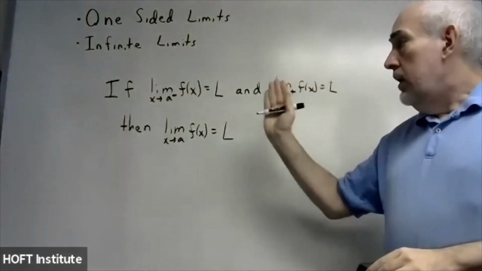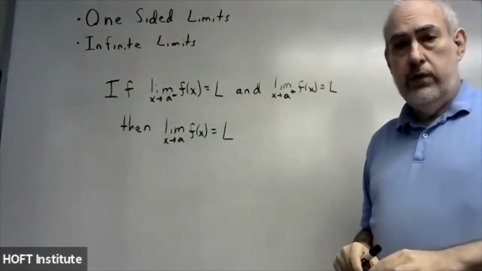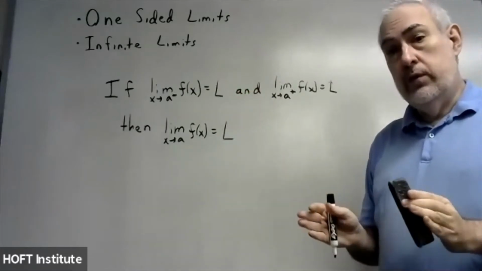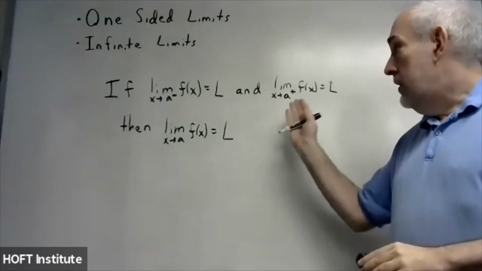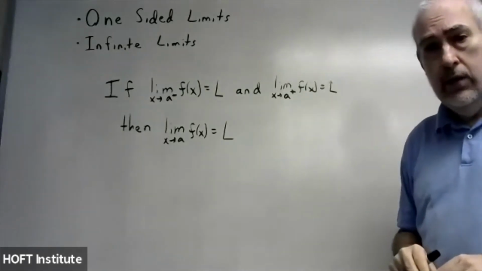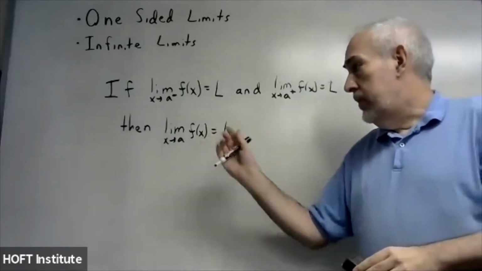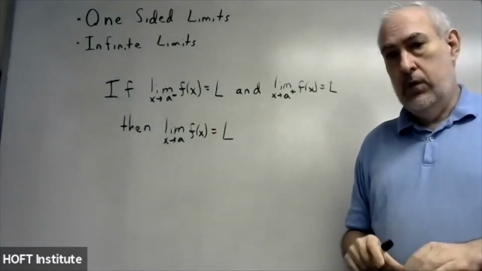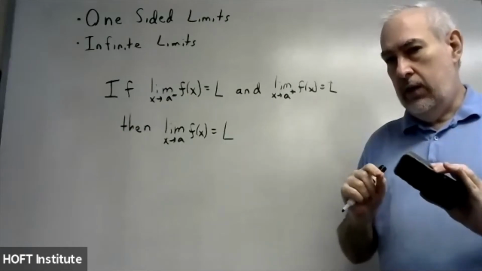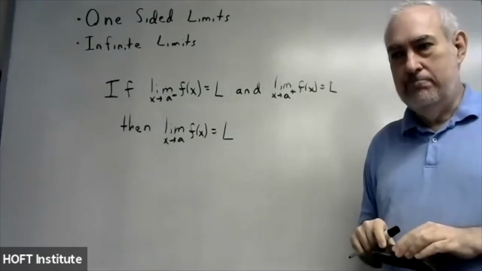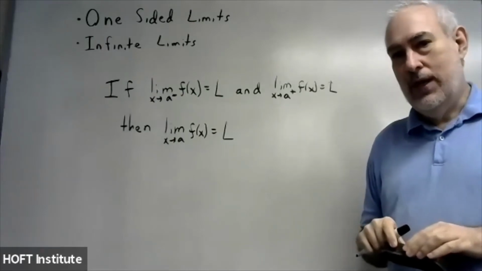So if the limit as x approaches a from the left of f of x equals L for some real valued L, and the limit as x approaches a from the right of f of x is also equal to L, then you can say the limit as x approaches a of f of x equals L. And I'm stressing that L has to be a real number, it can't be infinity.